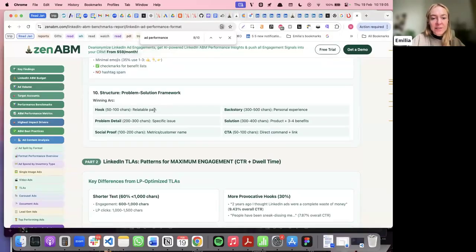Hook should show a relatable pain. Problem detail, you need to describe the issue to build up the case, build up the relevance and resonate with your audience. Specific proof, metrics, or specific customer name outcome. Personal experience that we mentioned a few times, solution, of course, and the CTA.